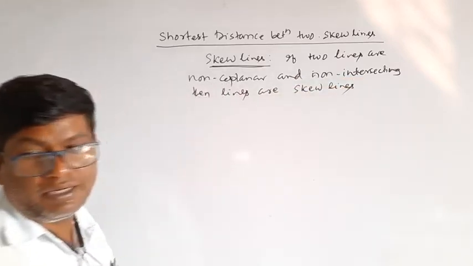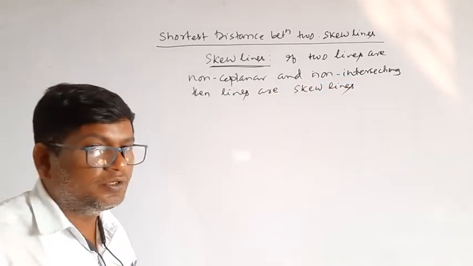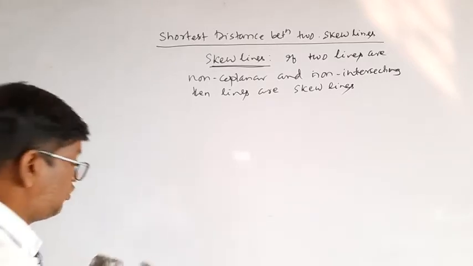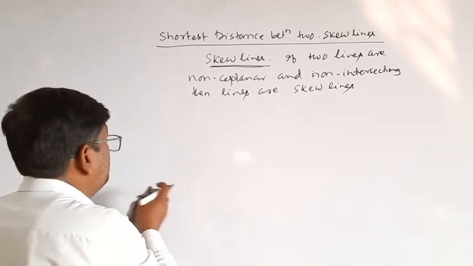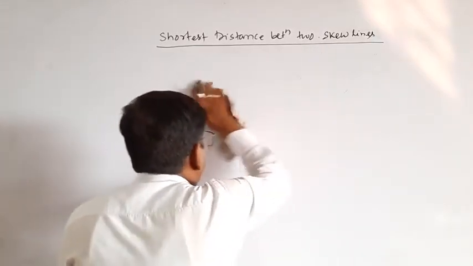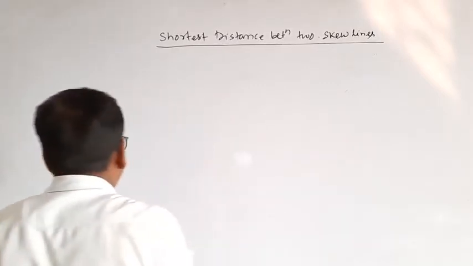Okay, now what is the distance between two skew lines? How do we find the distance between two skew lines? Procedure to find the distance between two skew lines.